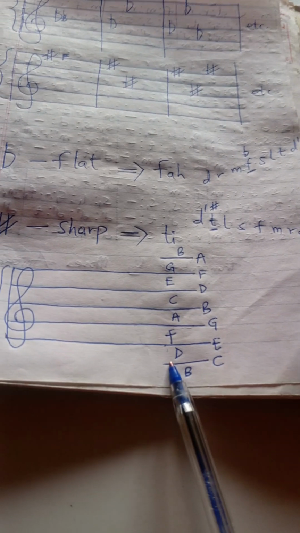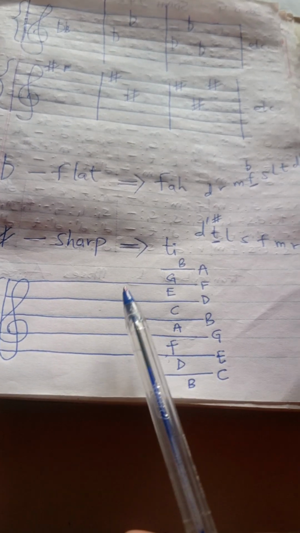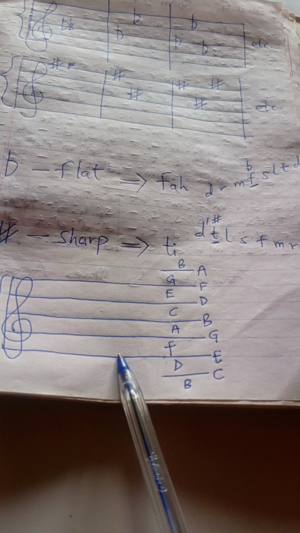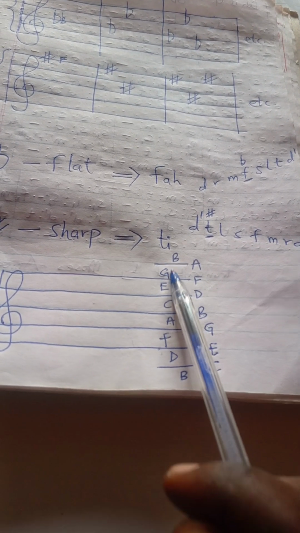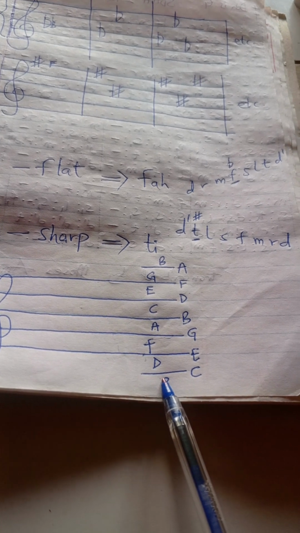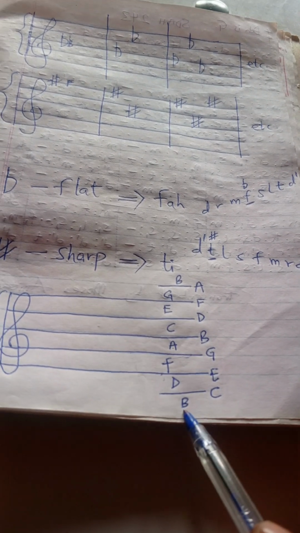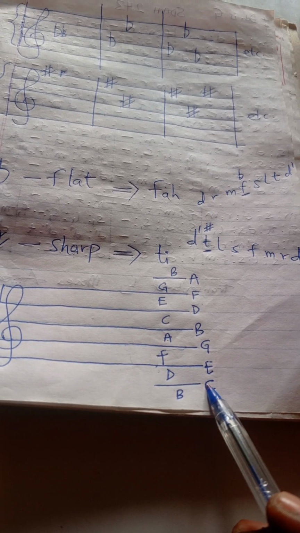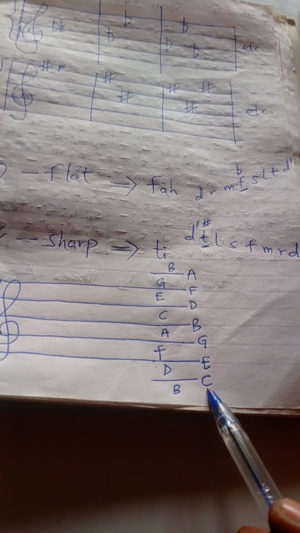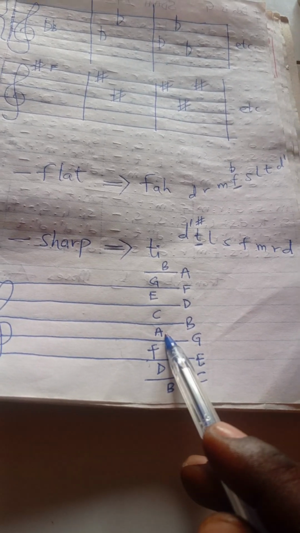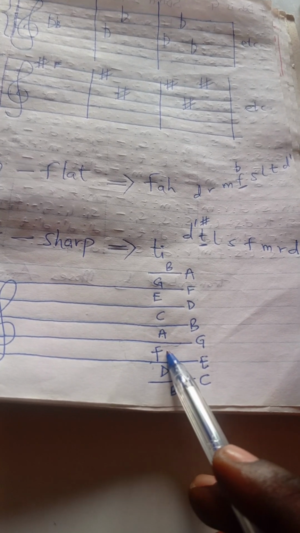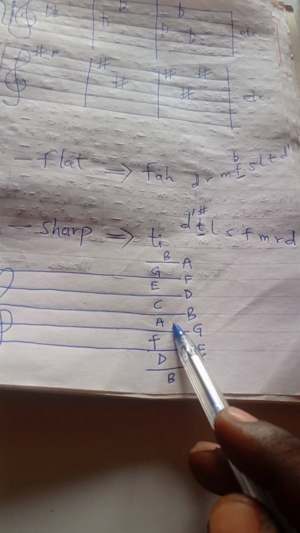Now look at this. We have 5 lines, and then we have another line above the 5th line and one below the 1st line. This line below the first line is called C. Then we move on to D, E, F, G. From a line you go to a space, then a line, then a space.